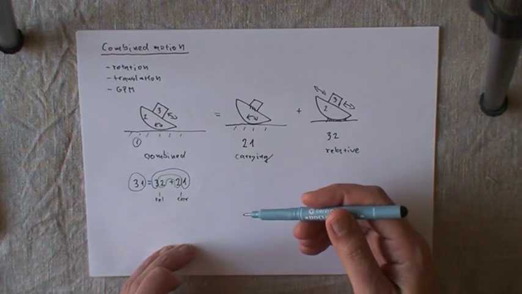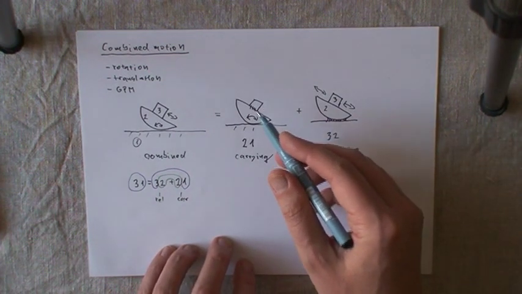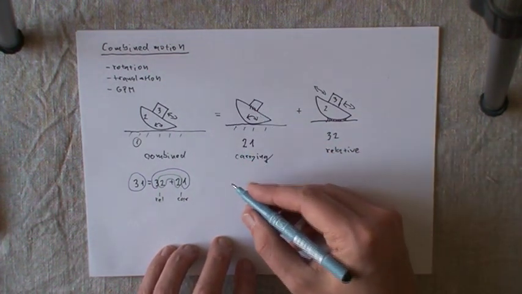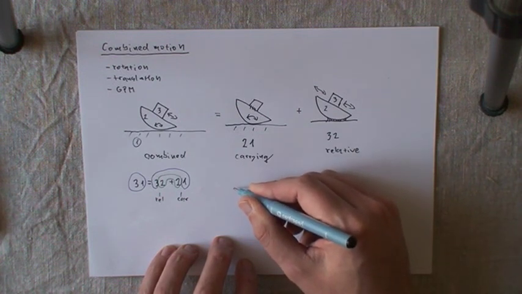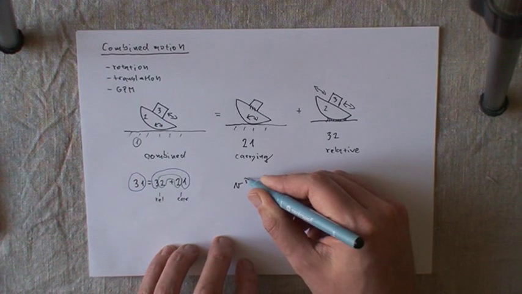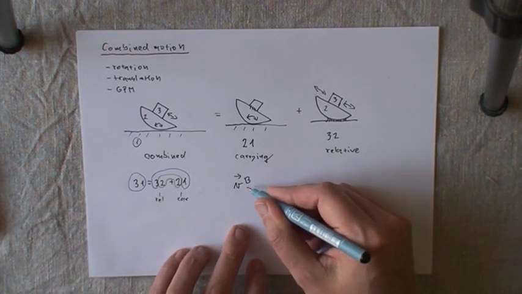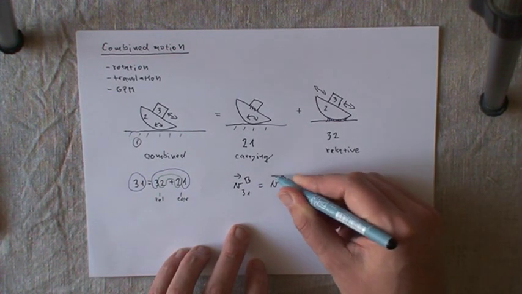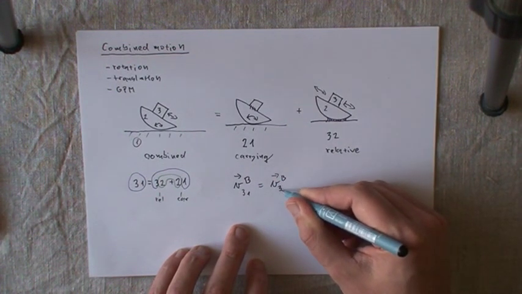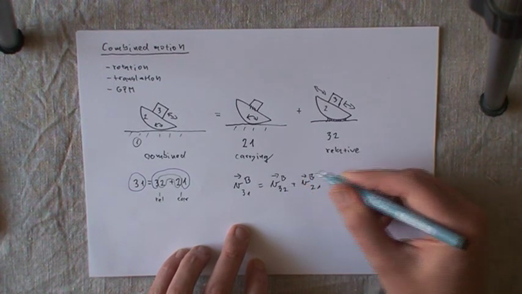Now, velocities and accelerations of points that are performing combined motion are as follows. Let's first do the velocities. VB31 is VB32 plus VB21.